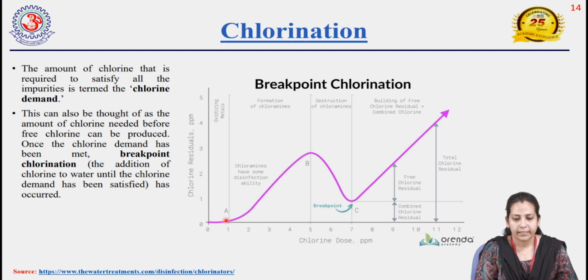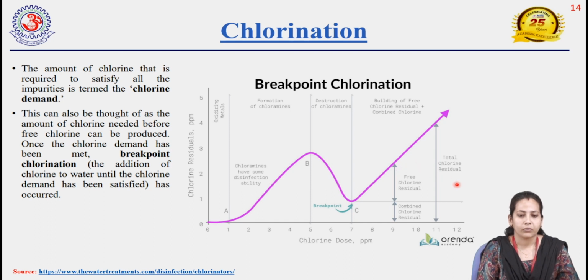Here we can see this graph, the breakpoint chlorination graph. This point is the amount of chlorine that is required to satisfy all the impurities, in terms of the chlorine demand. After this stage, there will be no changes in the disinfection. After attaining the chlorine demand, that is called breakpoint chlorination.